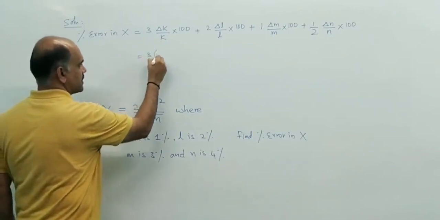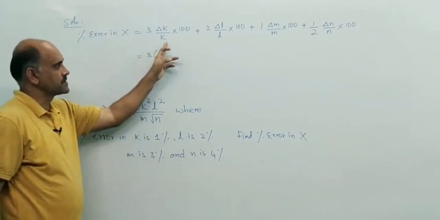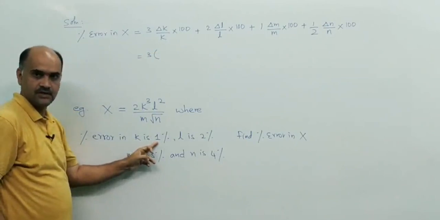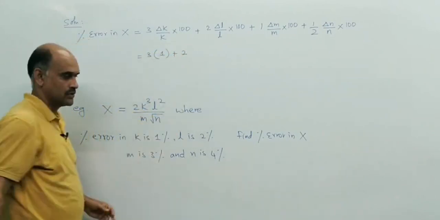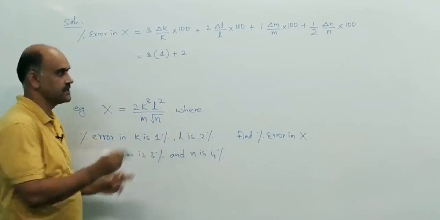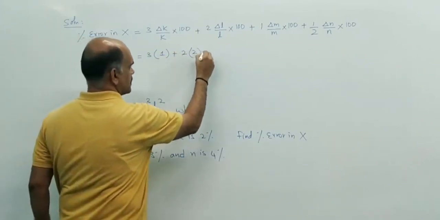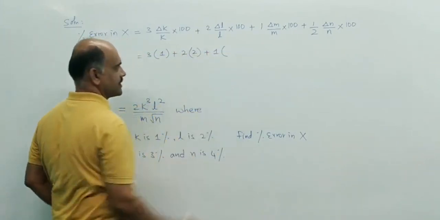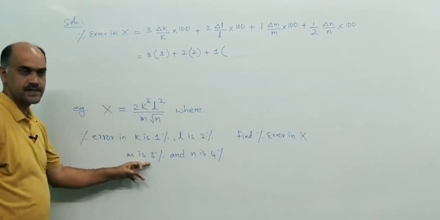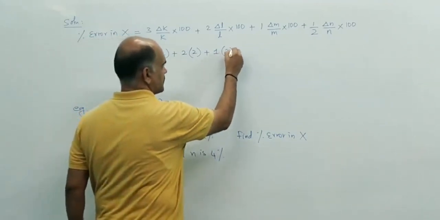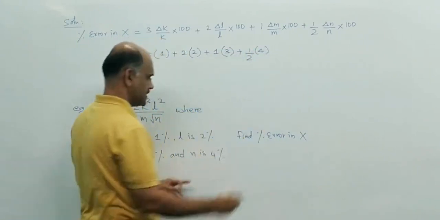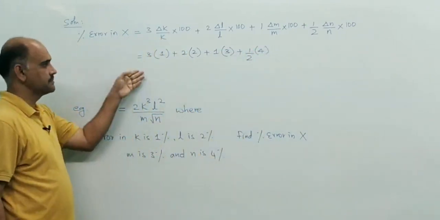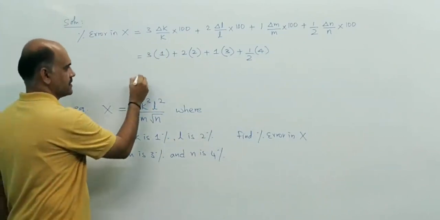So 3 into percentage error in K, which is 1%, plus 2 into percentage error in L, which is 2%, plus 1 into percentage error in M, which is 3%, plus 1 by 2 into percentage error in N, which is 4%. Simplify, you have the answer.